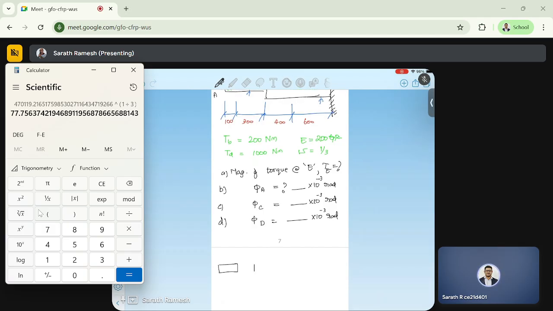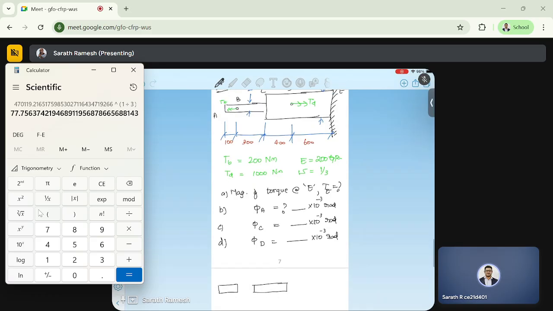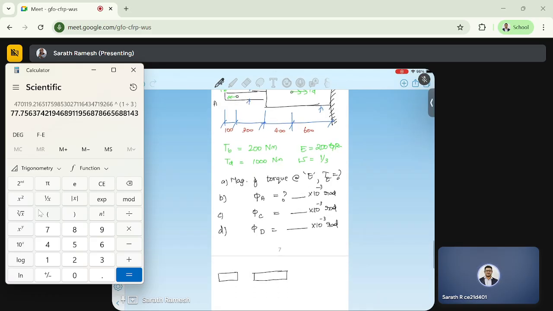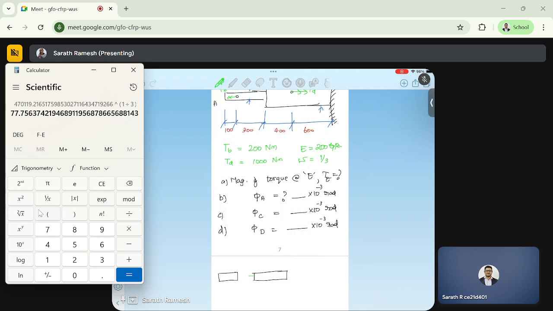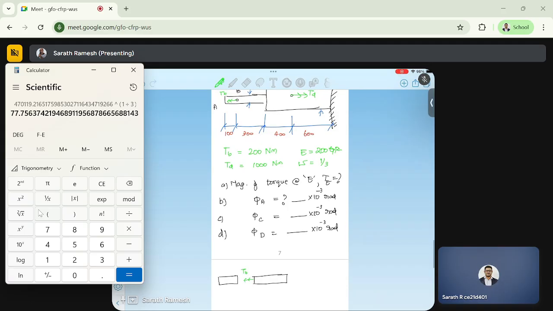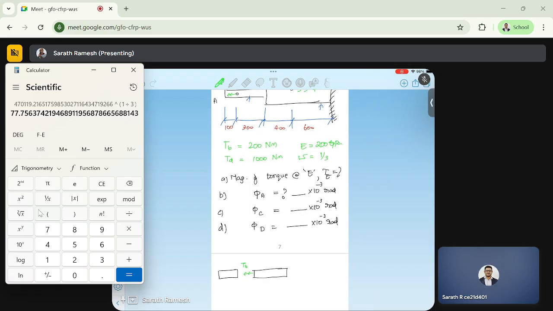Now, how about BC? BC, yeah, of course, there is an external torque here. This is TB, and this will be TB, equal and opposite.